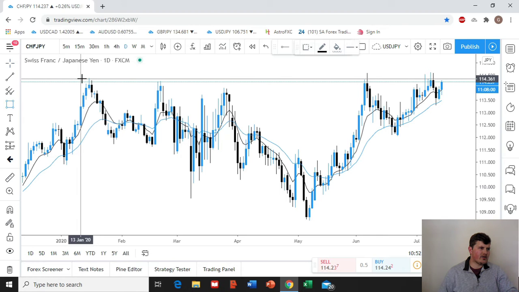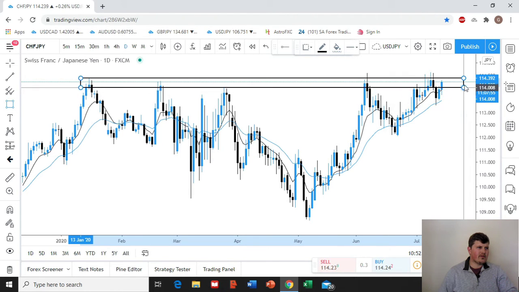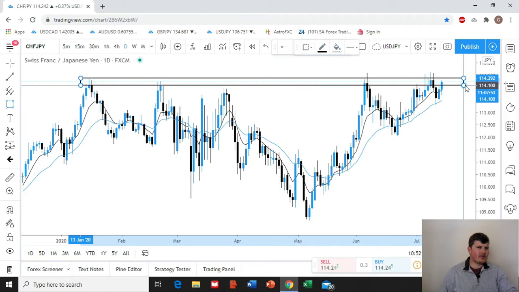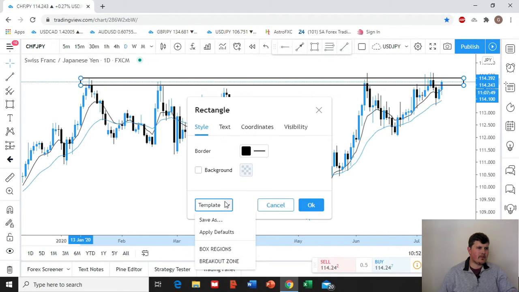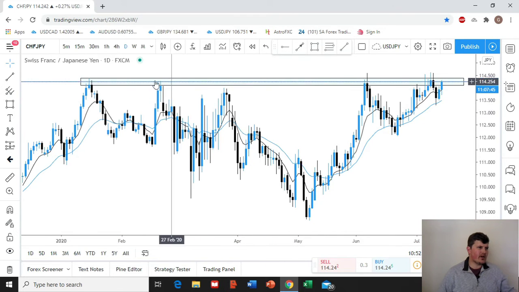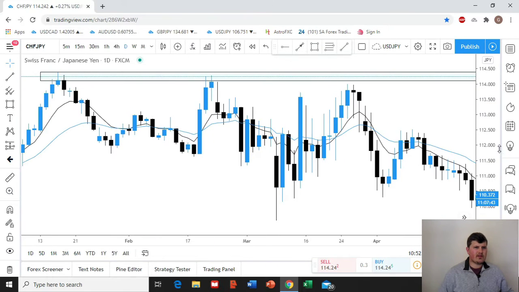I'm going to draw a rectangle from the top of this week all the way through to the closure of that body. Let's just make it a nice box like that.